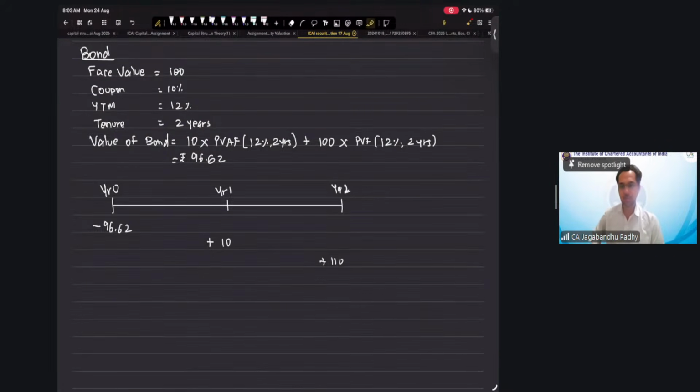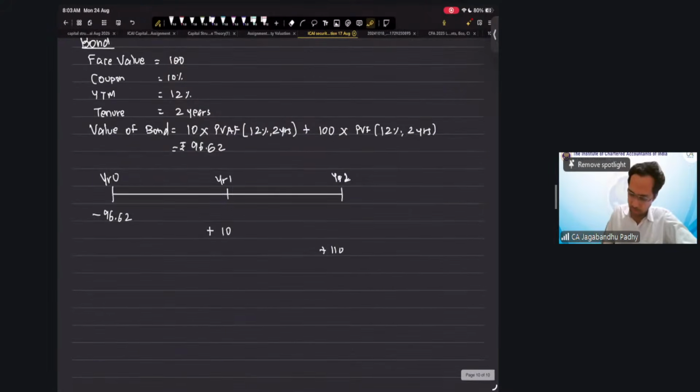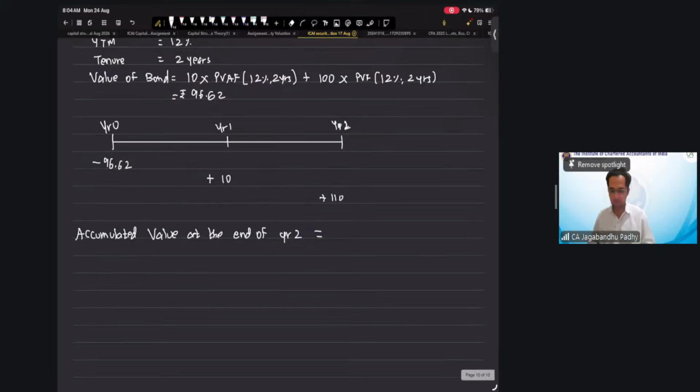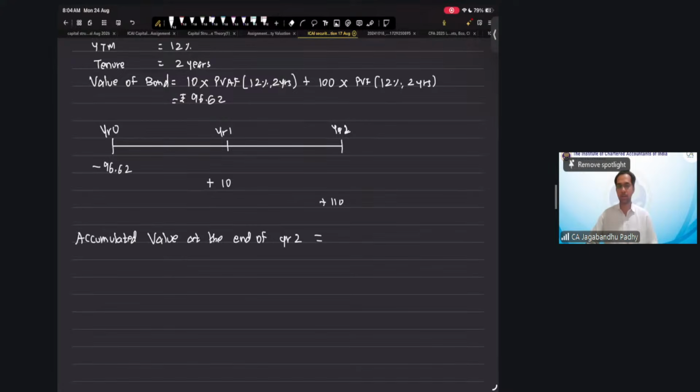So now my question is, how much is going to be your accumulated value at the end of the second year? By the end of year 2, what will be the accumulated value? 120.